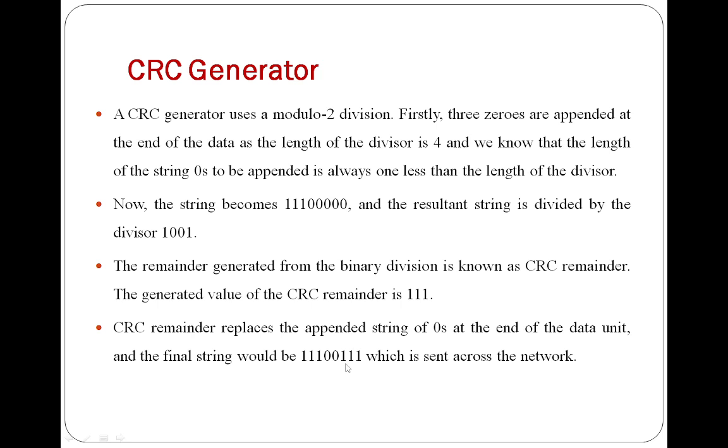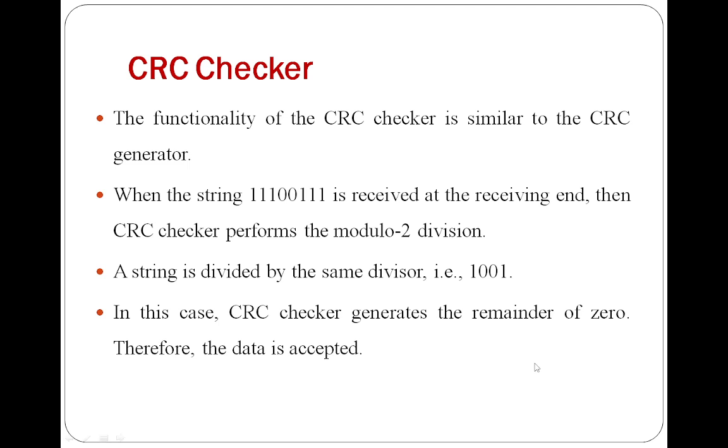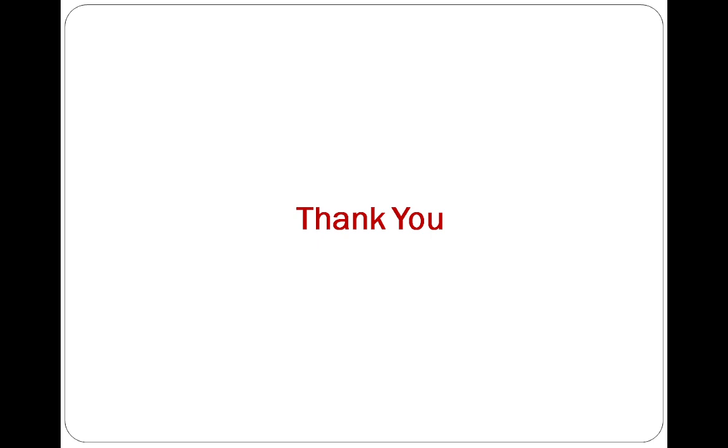That is added to the original data and sent to the receiver. At the receiver side we perform the same modulo-2 division, and if we get the remainder value as 0, then it is acceptable. If it is not, then we should not accept it.